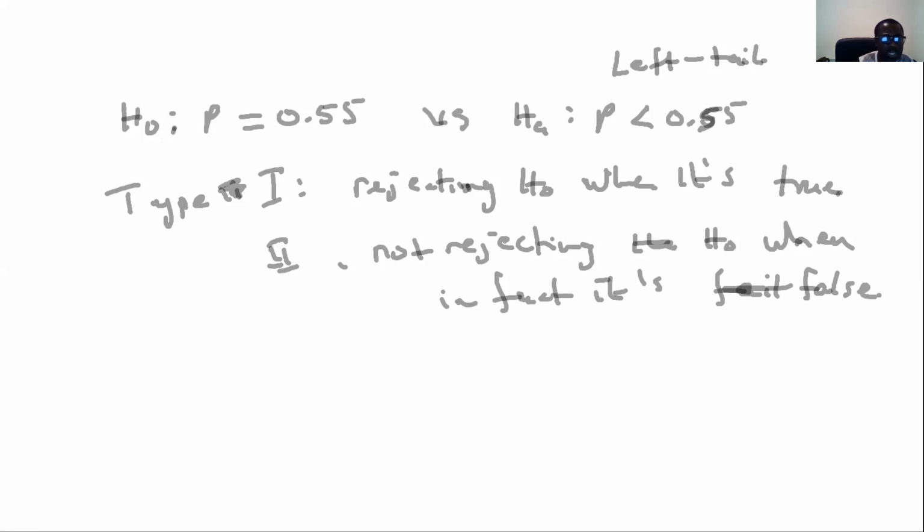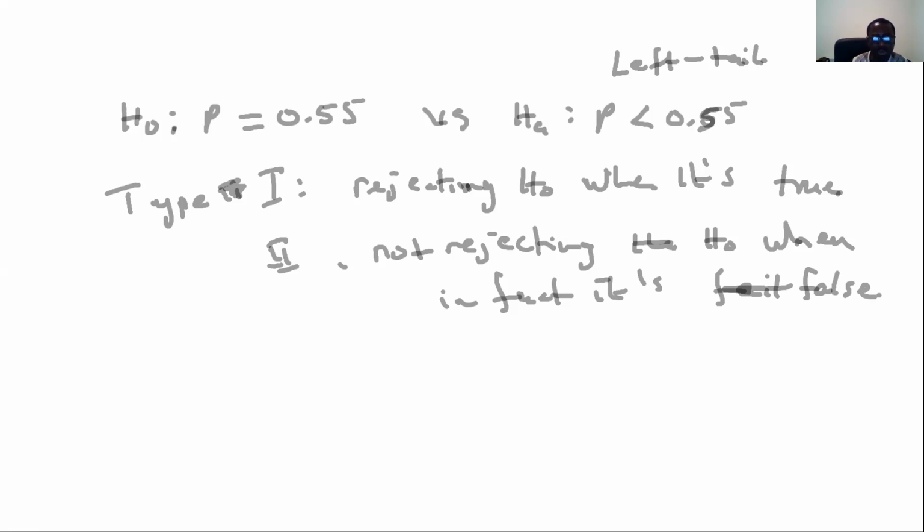So you fail to reject the null hypothesis that the percentage is equal to 55 when that percentage is actually less than that. Option B says you reject the null hypothesis that the percentage is equal to 55 when that percentage is actually equal to 55. Type 1 is rejecting the null hypothesis when in fact it is true. So that would be B.